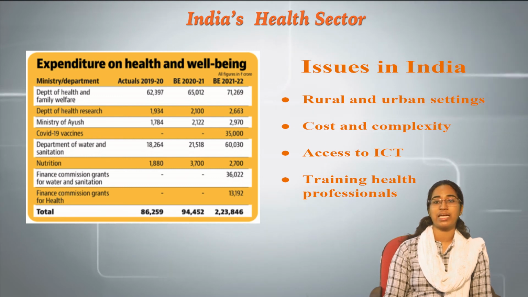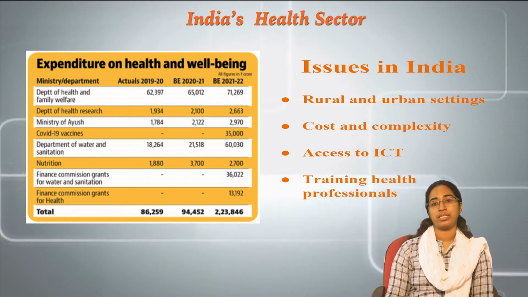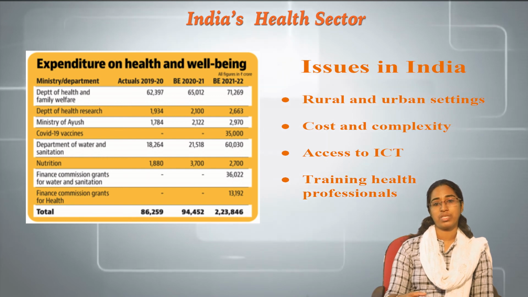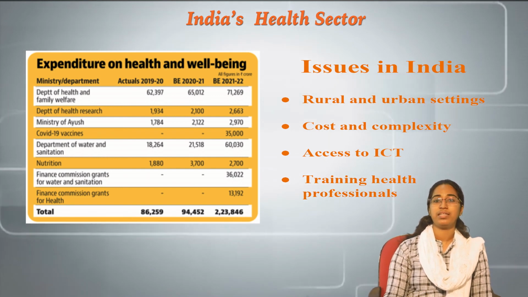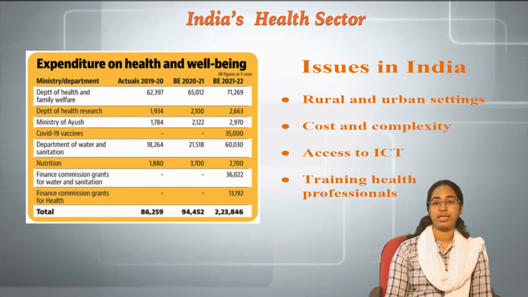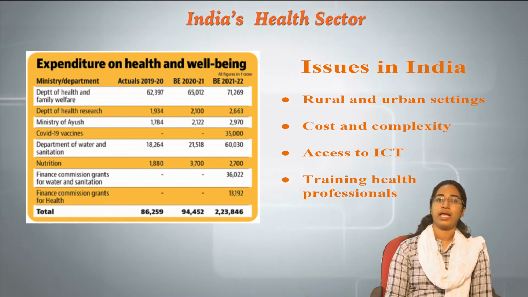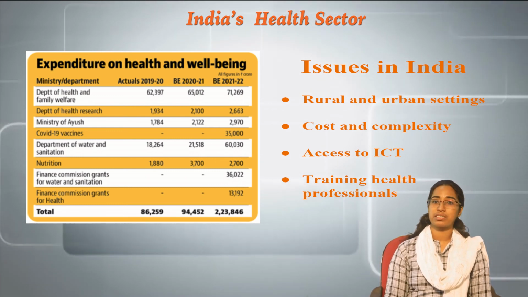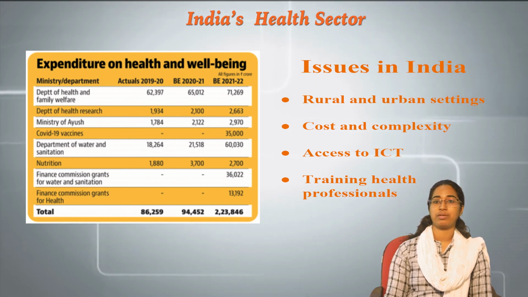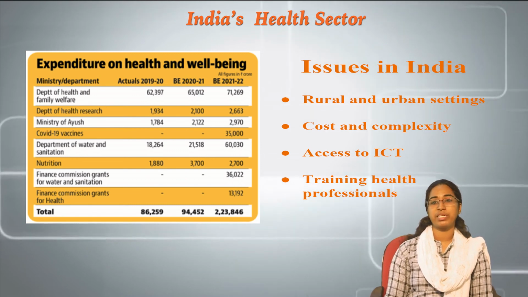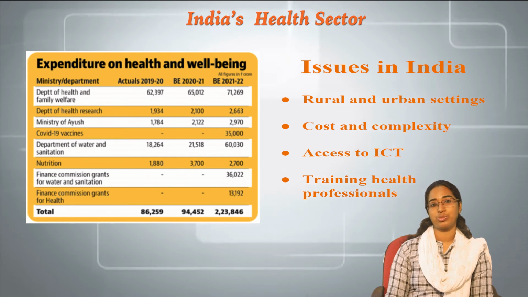They have been trained and given laptops for training, but still the reach to rural areas is a problem in India. And between rural and urban settings, infrastructure development is going on in one sector, but the best medical care is still facing an issue in India.